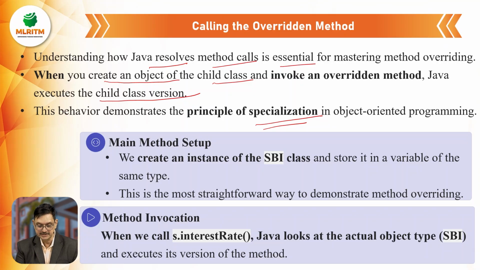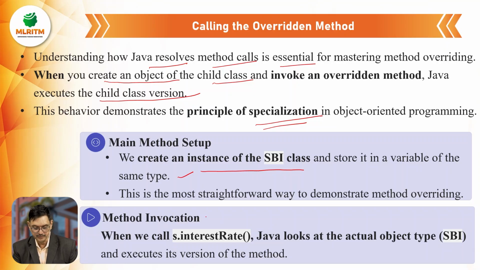Now the main method setup: the main method in the class we define. When you create an instance of the SBI class and store it in a variable of the same type, the most straightforward way to demonstrate method overriding is to create an instance of the SBI class and invoke the required method.